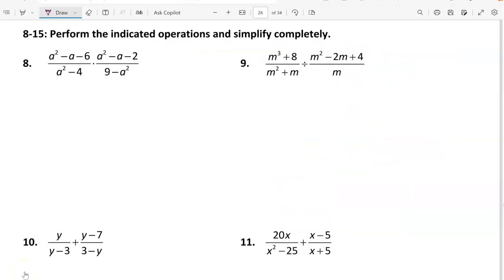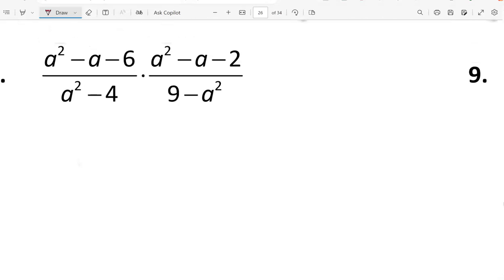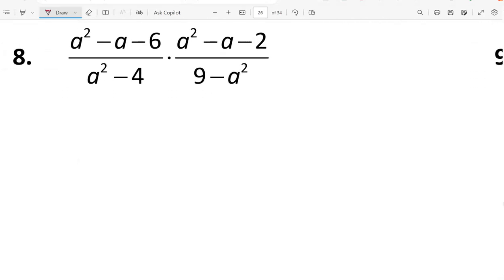In 8 through 15, we're asked to perform indicated operations and simplify completely. So in 8, we have two fractions that are multiplied together. When we multiply fractions, we can divide out or cancel common factors before doing the multiplication.